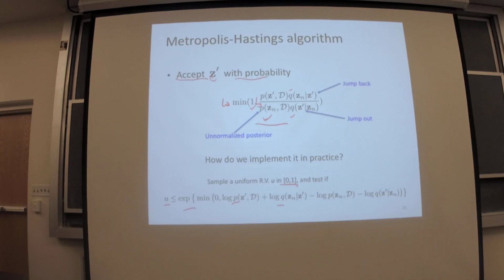Essentially, if the numerator is bigger than the denominator, then it'll be greater than 1. So it's saying that if our next guess Z prime is worse than Zn, then we throw it away. Okay, we only throw it away under some probability.